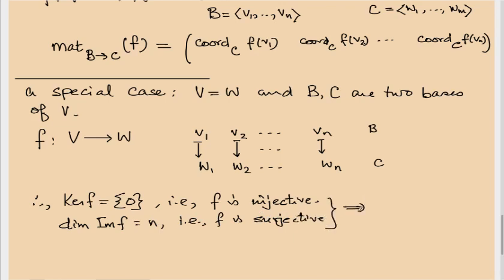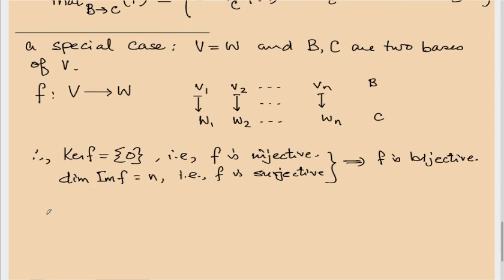So it says that F is bijective. It's a bijective linear transformation. By the method of extension, you know how you would extend it to anything. So the matrix, what is this? This is coordinates in C of F of V1.